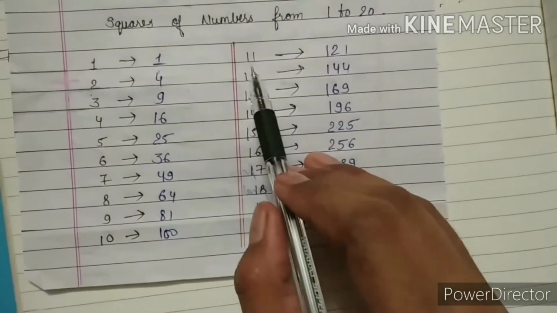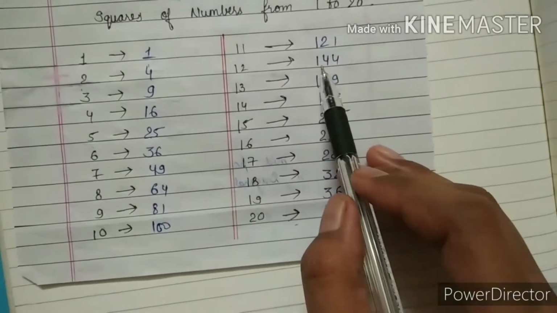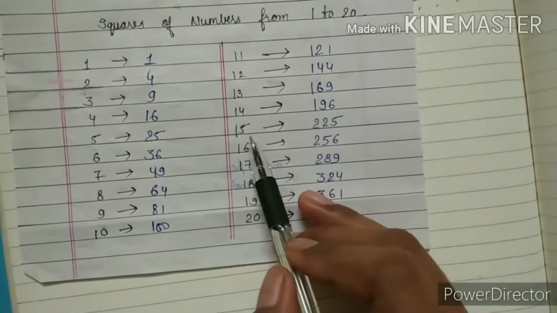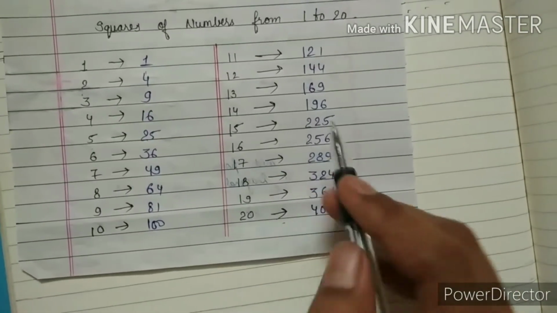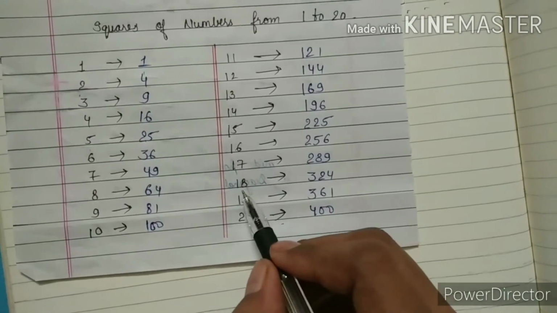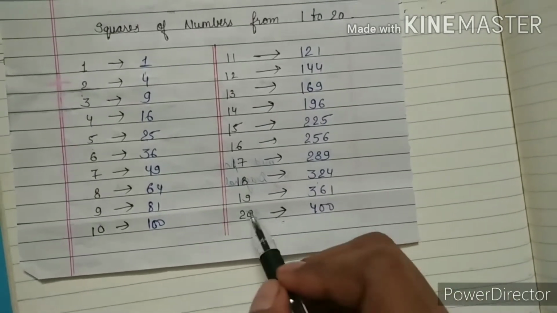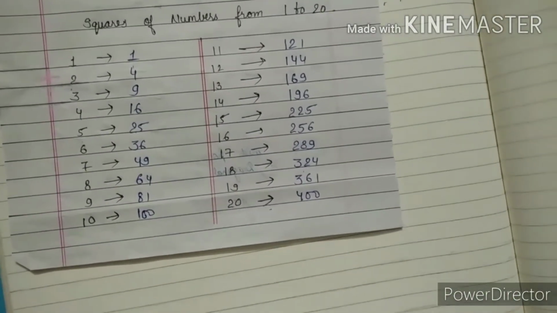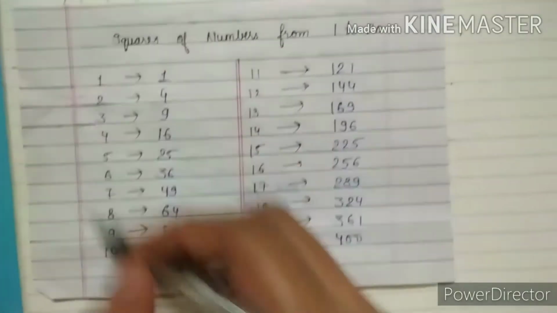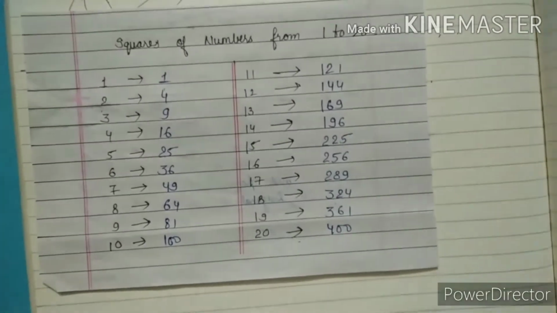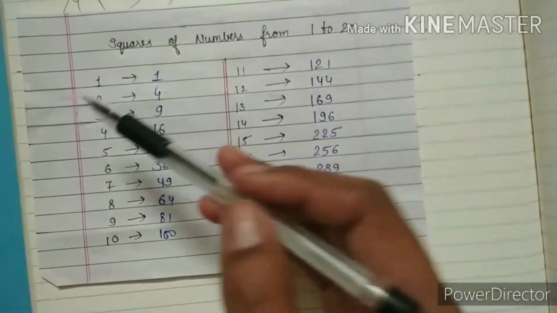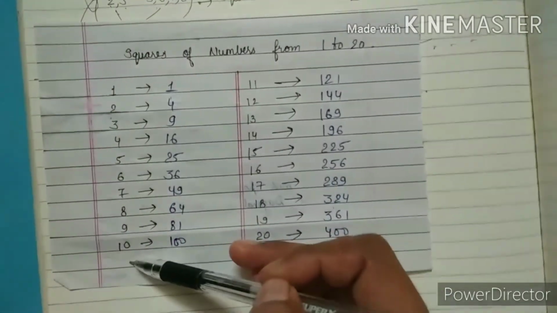Same as 11 square is 121, 12 square is 144, 13 square is 169, 14 square is 196, 15 square is 225, 16 square is 256, 17 square is 289, 18 square is 324, 19 square is 361, and 20 square is 400. So we have to learn these. You can easily learn the squares of 1 to 10.